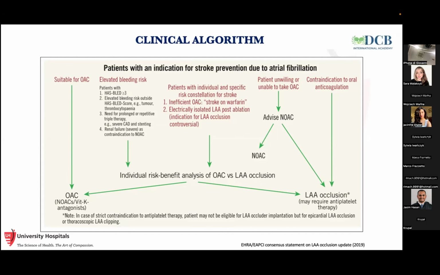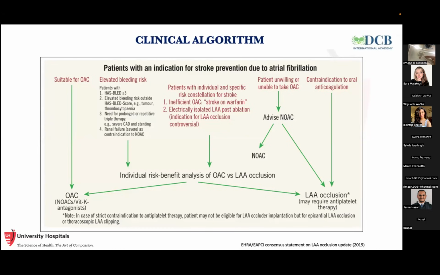Now, obviously, we can prefer the new anticoagulant drugs. If the patient is at elevated bleeding risk, or the patient has an individual specific constellation of risk for stroke, in this case we have to evaluate an individual risk-benefit analysis and decide for new anticoagulant therapy, VKA, or left atrial appendage occlusion.